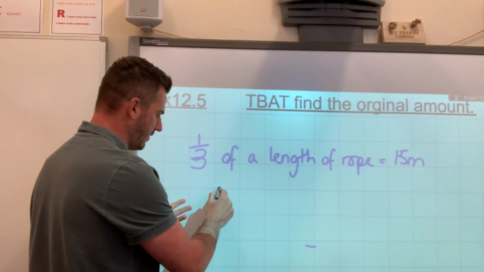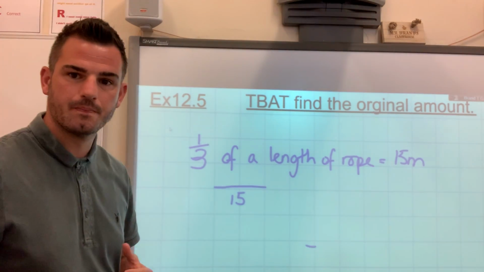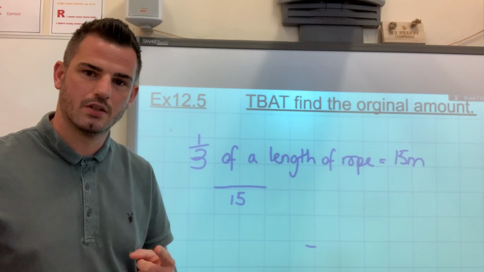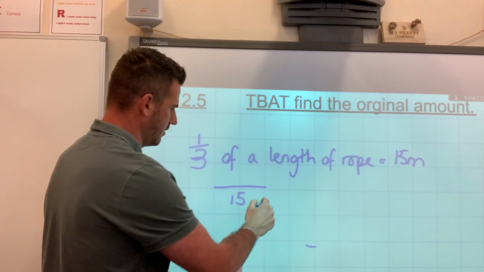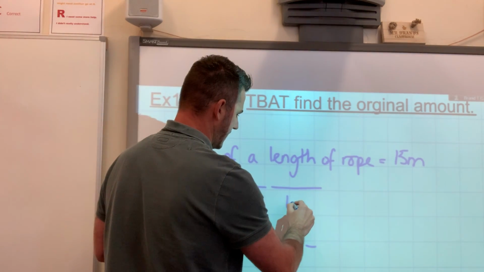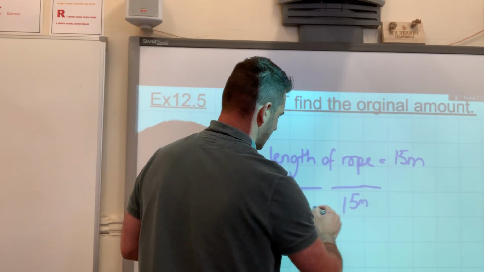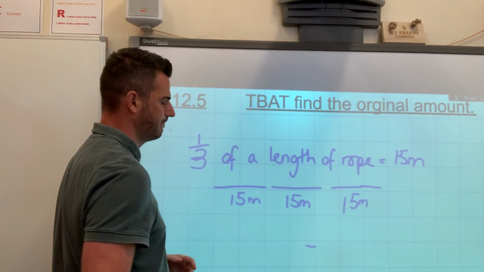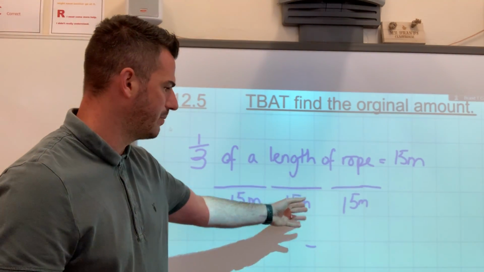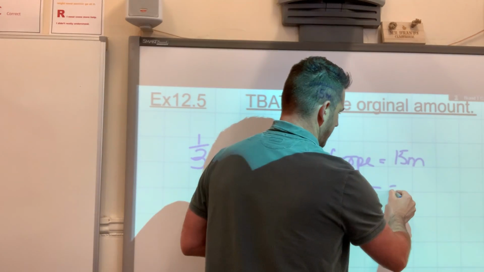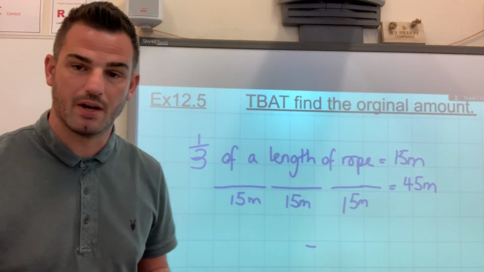We can illustrate that if you like. That's 15 meters. That's 1/3. So we know we need 3 lots of those to find our total. So another 15 and another 15 meters. If I illustrate this problem, that would give me my total amount. And I would work those out. 15 plus 15 plus 15 is 45 meters. So that would be my original amount.